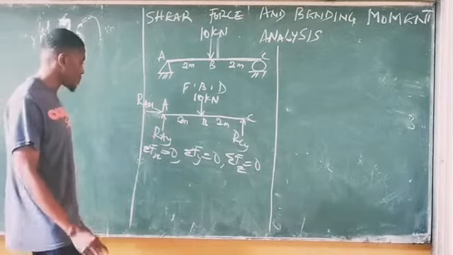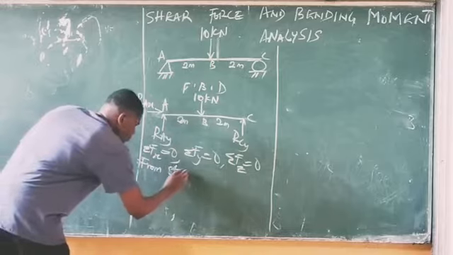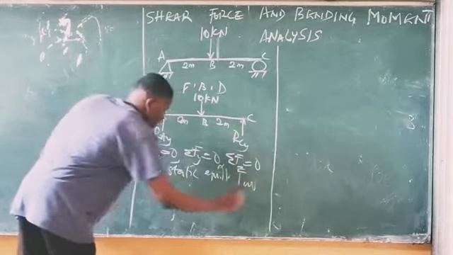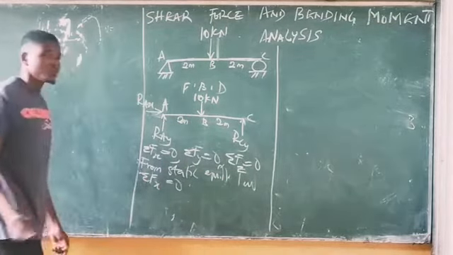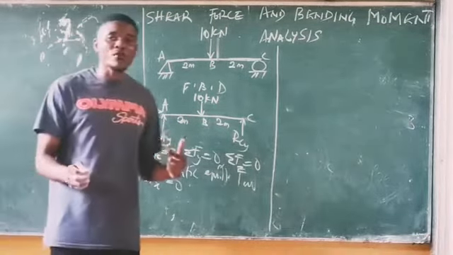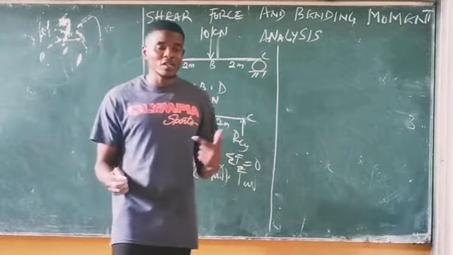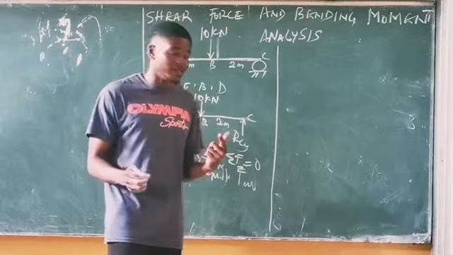So from the static equilibrium law, we have that summation Fx is equal to 0. That simply means that the sum of all the horizontal forces is 0 for static equilibrium to take place.